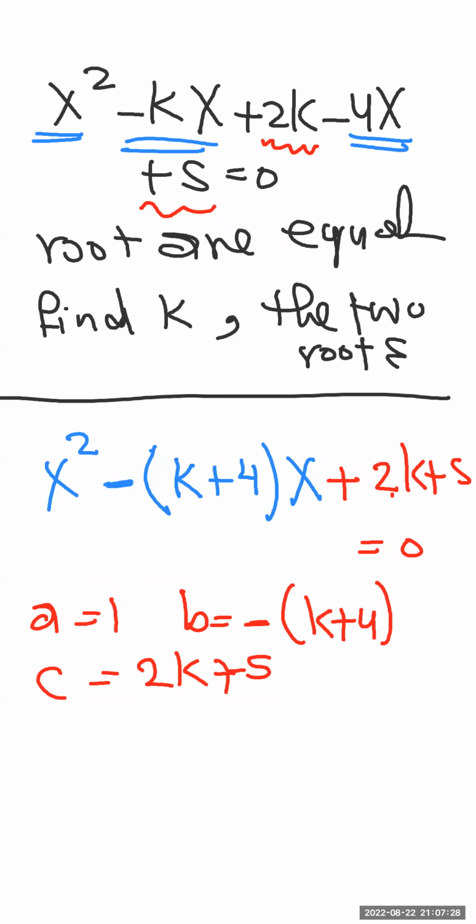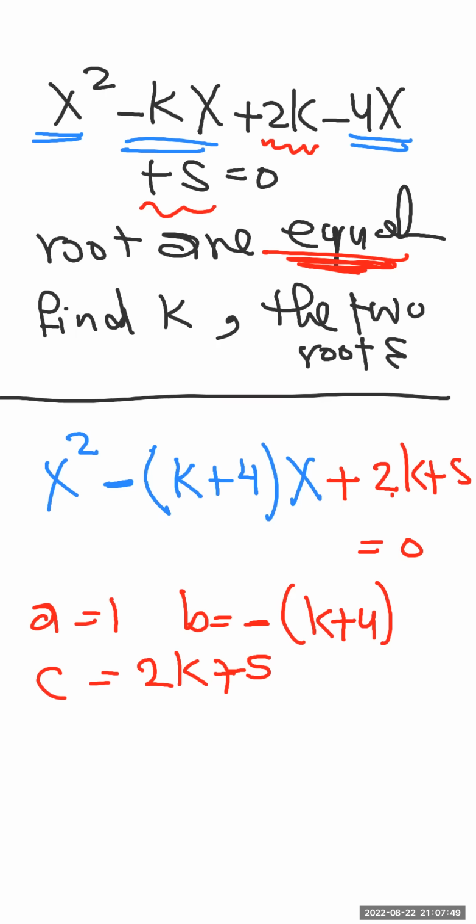Okay. So now I'm going to get the discriminant. It's given in the question that the two roots are equal. So this means I will get the value of the discriminant and make it equal to 0, right? Because the two roots are equal.